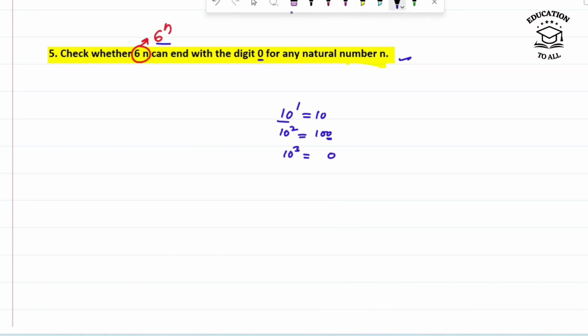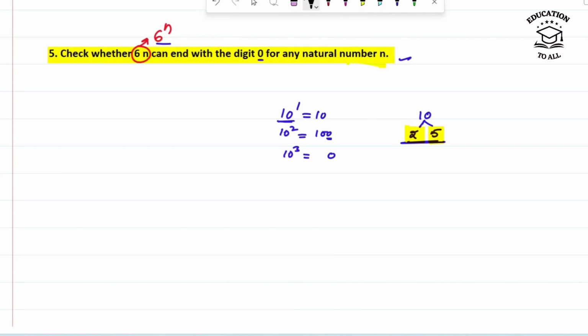Then what is the rule you should identify? The rule is 10 power any number ends with 0. So in that 10, what are the prime factors we have? 2 and 5. If any number has both 2 and 5 as prime factors, definitely that number ends with 0. So can I say 6 power n can end with 0? We'll conclude it.